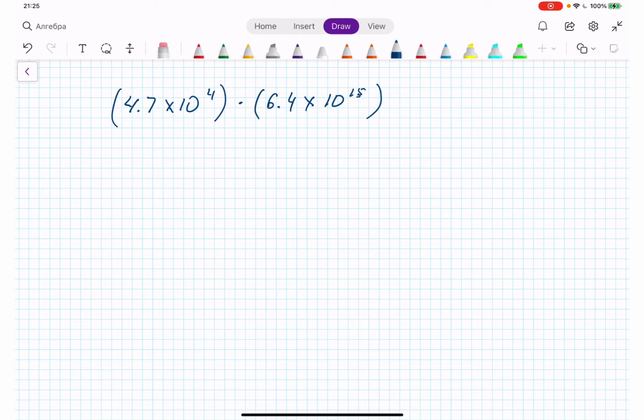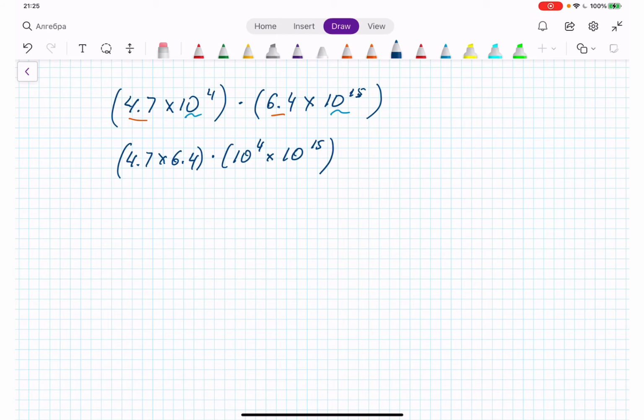In cases like this, we combine and multiply these two numbers together, and the powers of 10 together. So this is how I will rearrange it: 4.7 times 6.4, and 10 to the power 4 times 10 to the power 15.